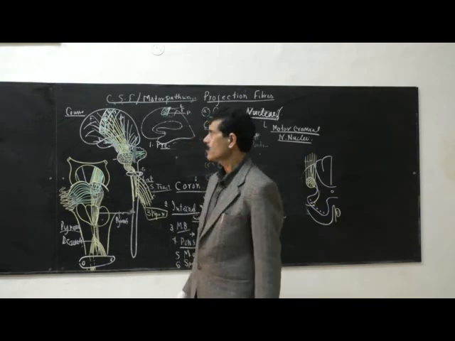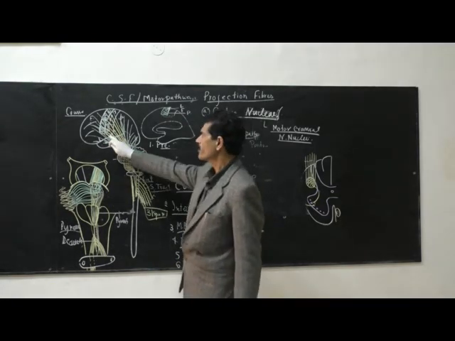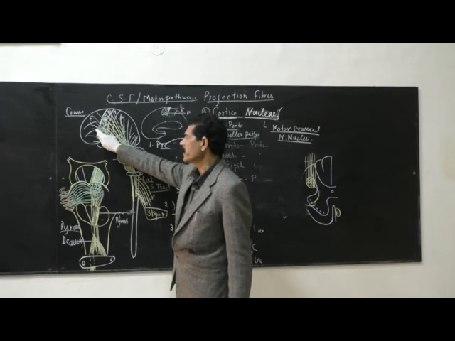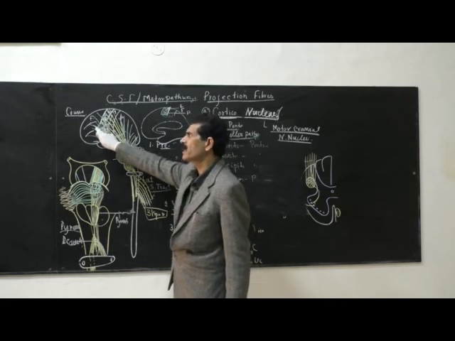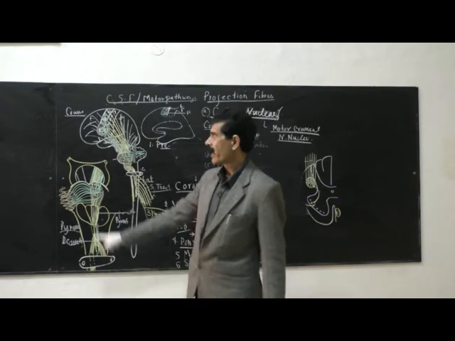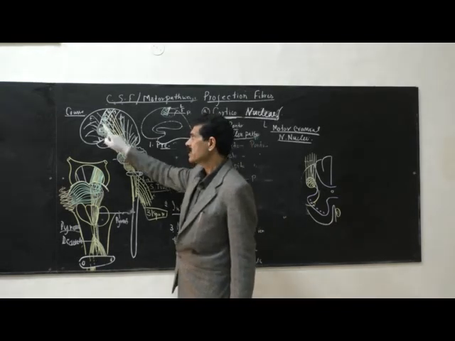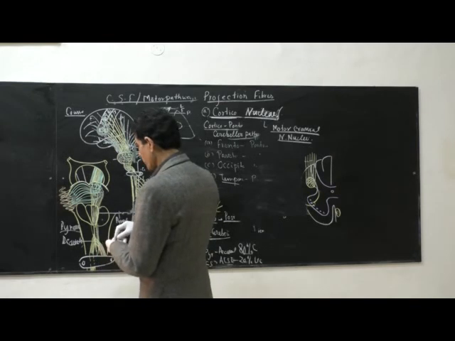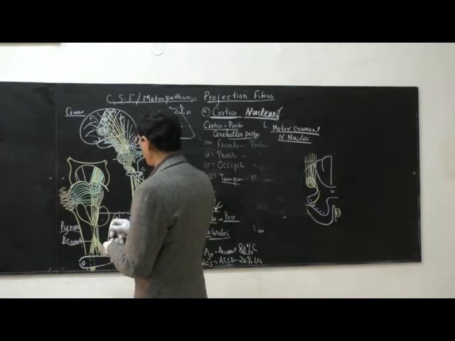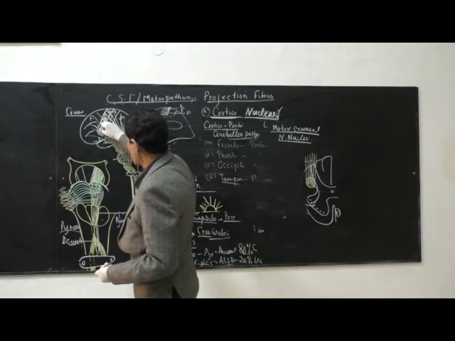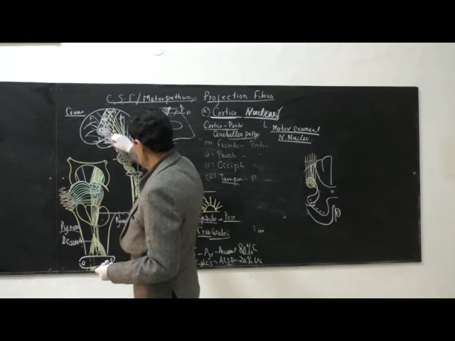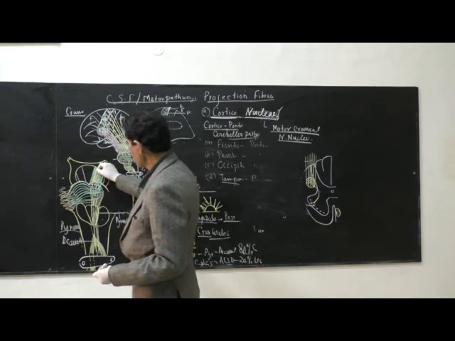So these corticonuclear fibers, because they are motor in function, they start from the head and neck area of the precentral gyrus. As these fibers descend downward from the head and neck area, they are also coming with the corona radiata. They are also coming along with the corticospinal fibers.